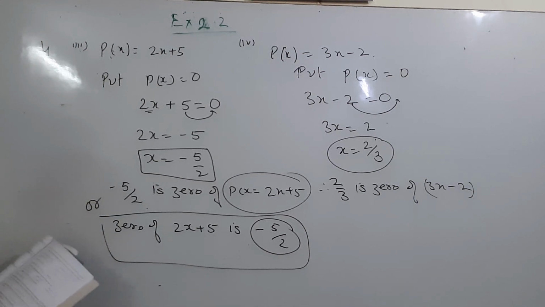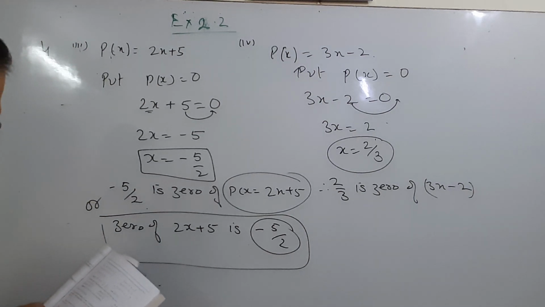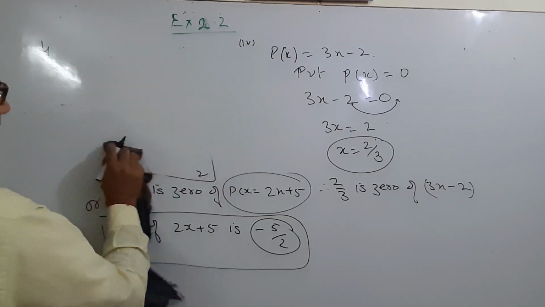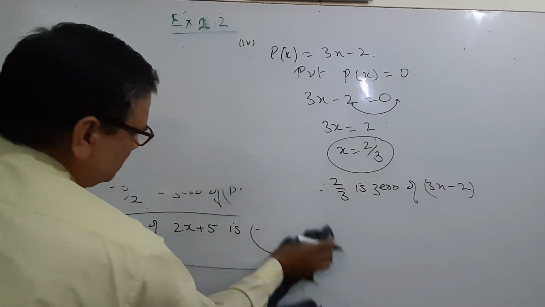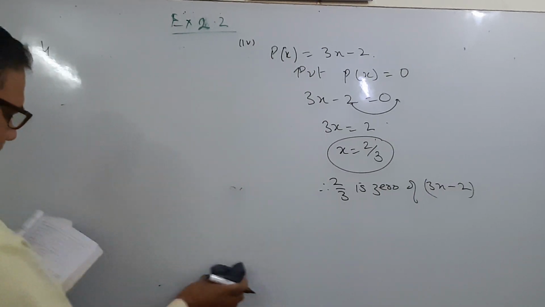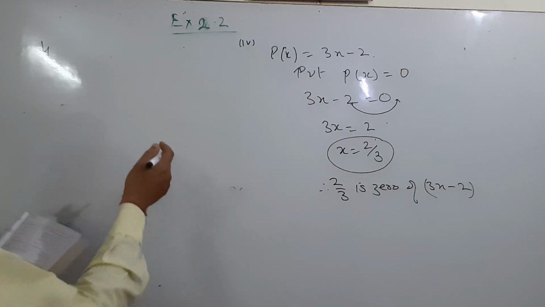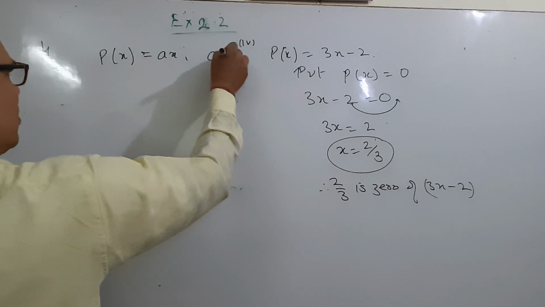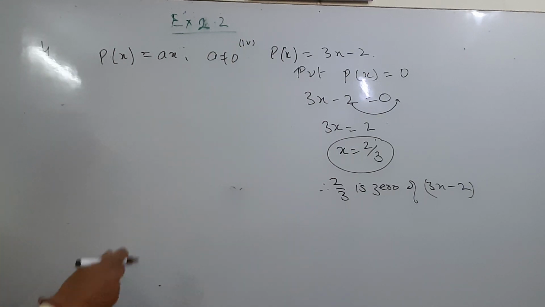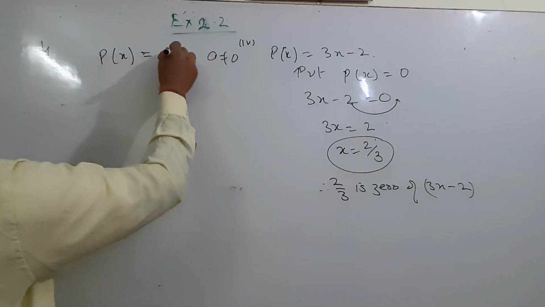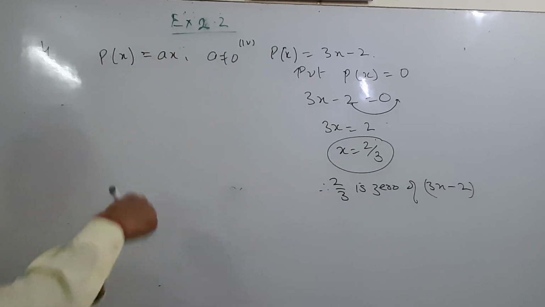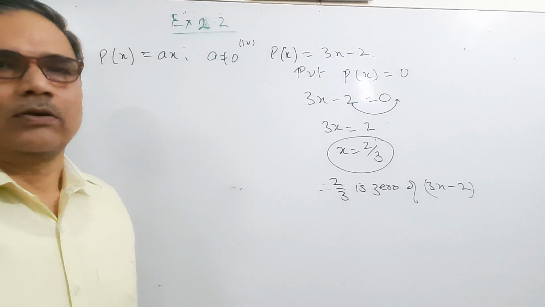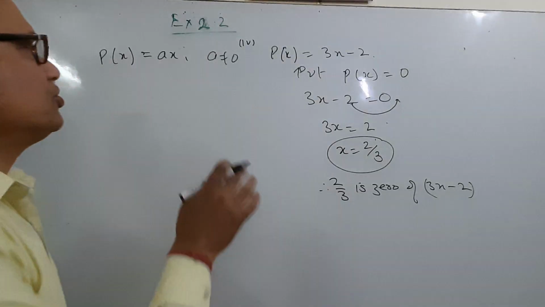Now this is the sixth part: p(x) equal to ax, a not equal to 0. Why is it saying that a is not equal to 0? If a were 0, then the polynomial would be 0. It means there is no variable x, it is a constant, it will be 0.